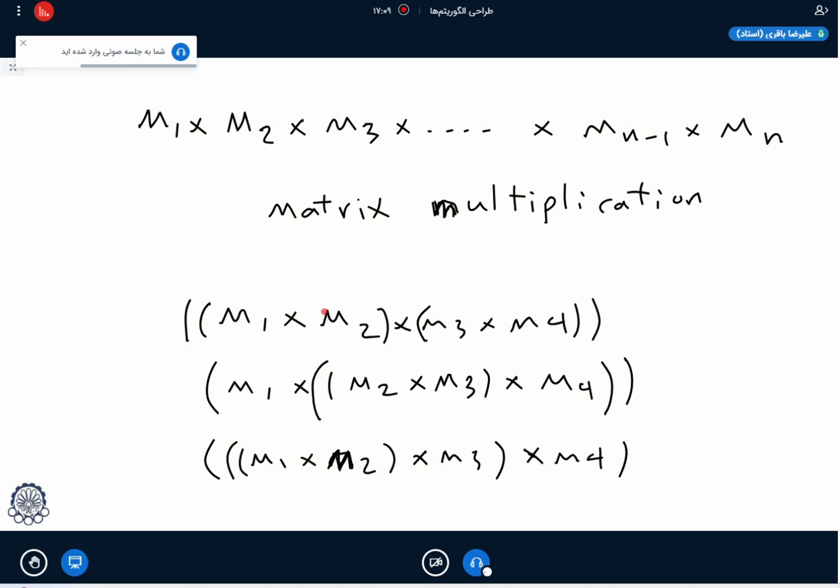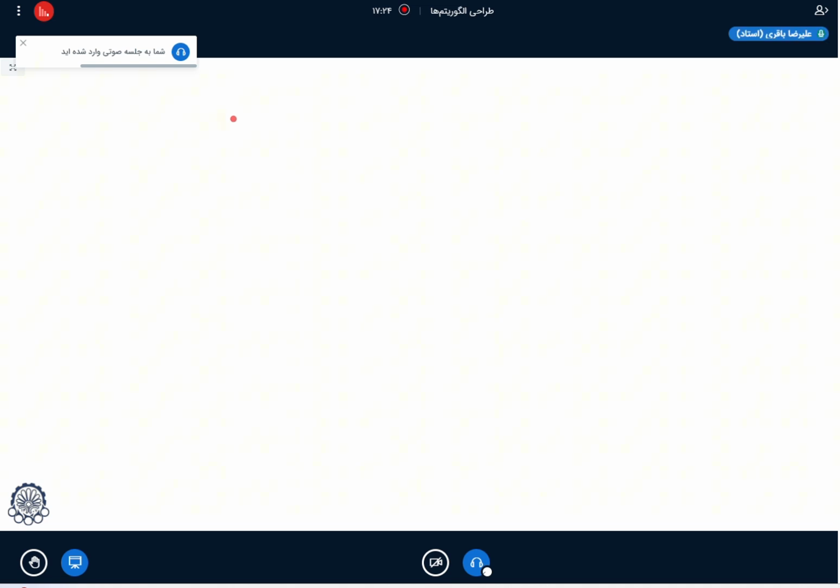And these parentheses have an effect on the number of multiplications. What I mean is, I am going to explain what I mean. Suppose M1 is going to multiply by M2, M3, and M4. These matrices are two-dimensional.